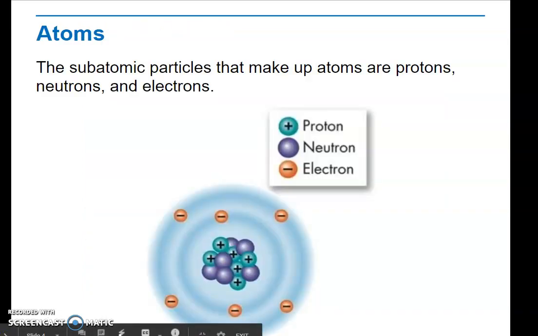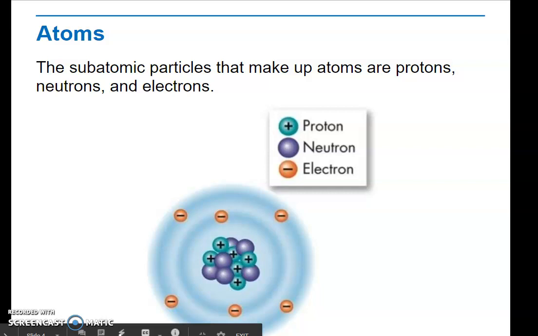When we look at this slide, we think about atoms. We know that atoms are the basic unit of matter, of course, and that atoms are made up of protons, neutrons, electrons. You know, of course, that protons are positively charged, you know that electrons are negatively charged, and you know that neutrons don't have an electric charge.